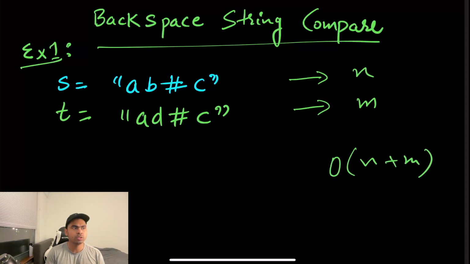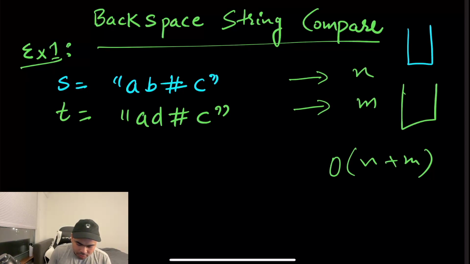Since we will use that extra stack for both of these, it will add values to this stack and this stack. Like a will be added over here, and then it will add a for this, and then it will add b, and then it will add d for here.